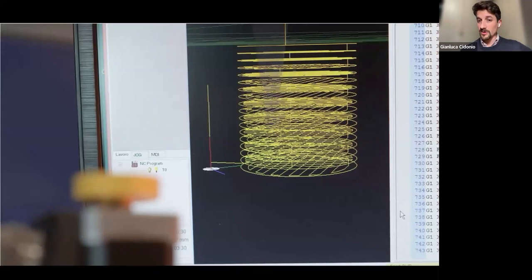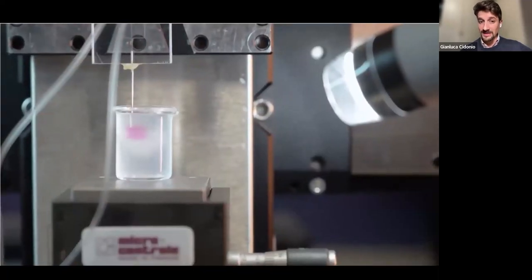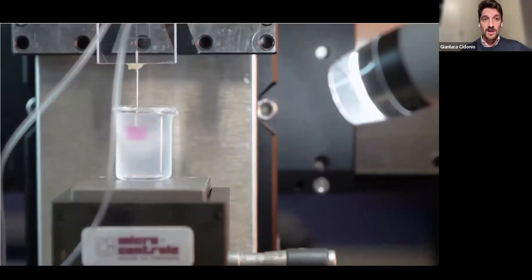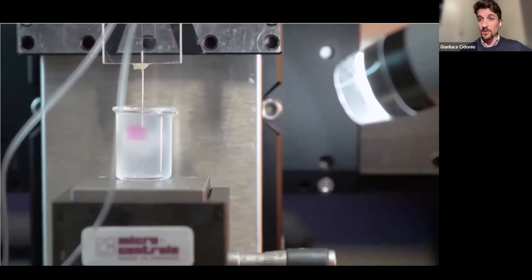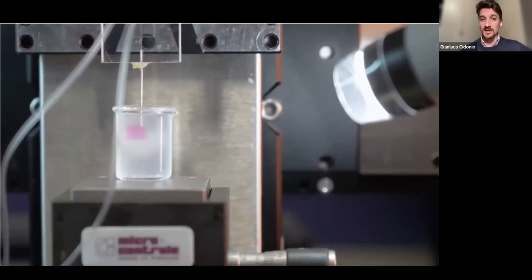So we are able to print cells that are suspended in this fluid gel system. Following cross-linking, we can retrieve the structure and then use it in culture, in implantation or in disease modeling, right? So we have the possibility to have multiple inputs and just one output as a channel system.